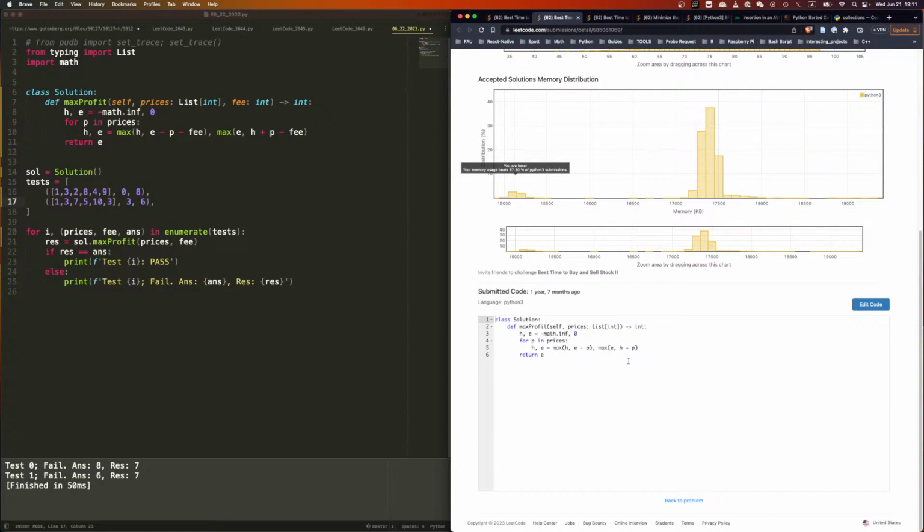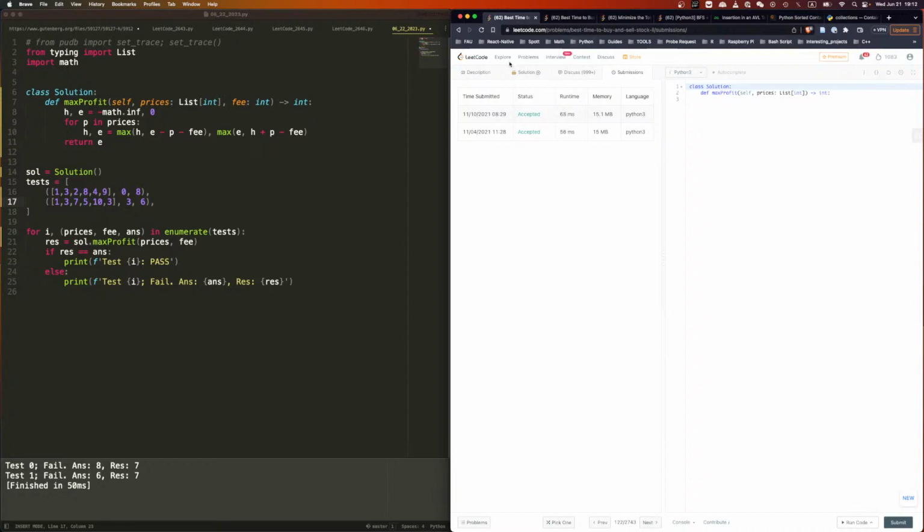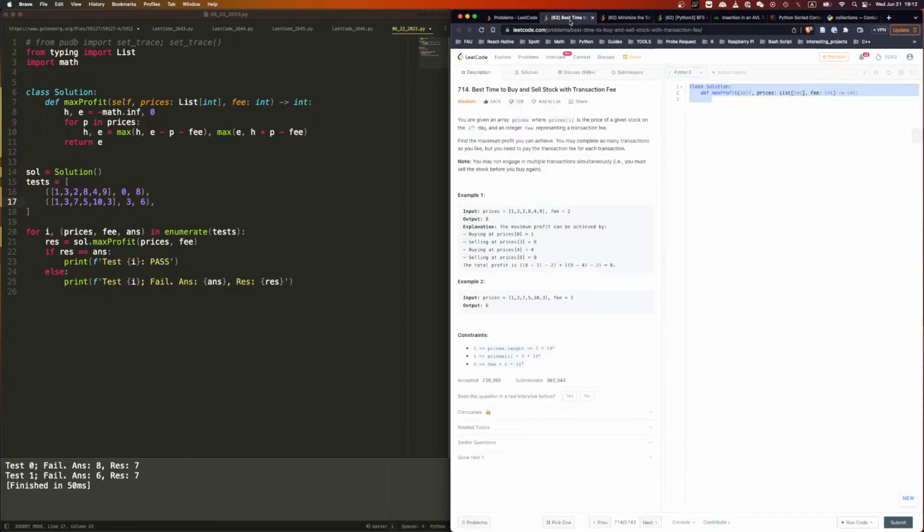Yes, that is correct. So I did remember. See, this one is correct. So I did remember the thing, but with the transaction fee, apparently it's not the same.